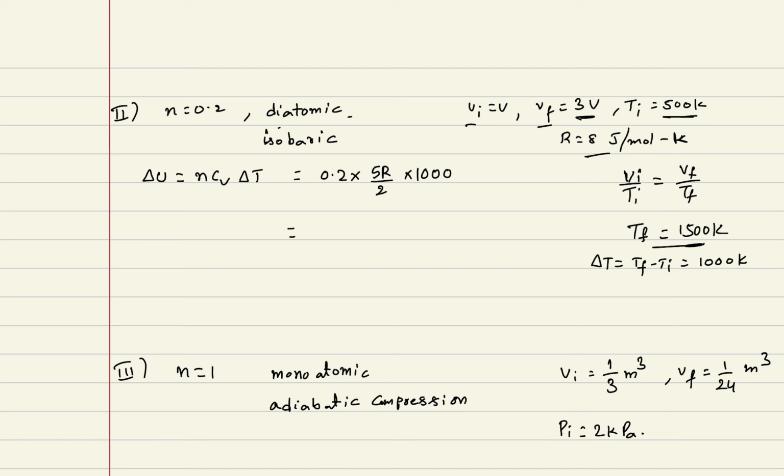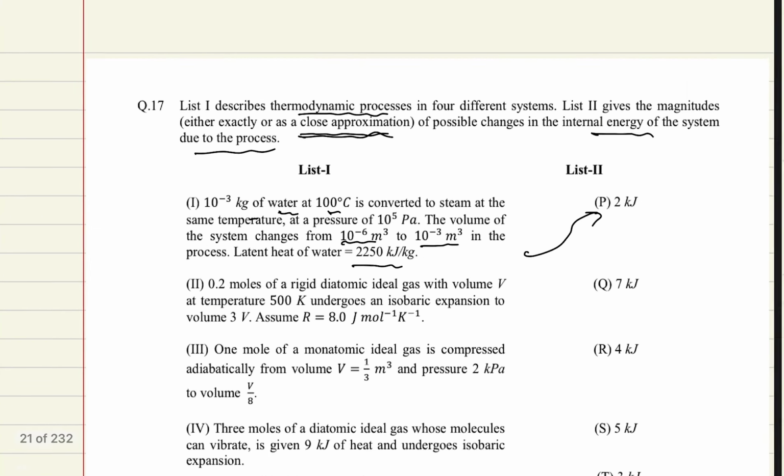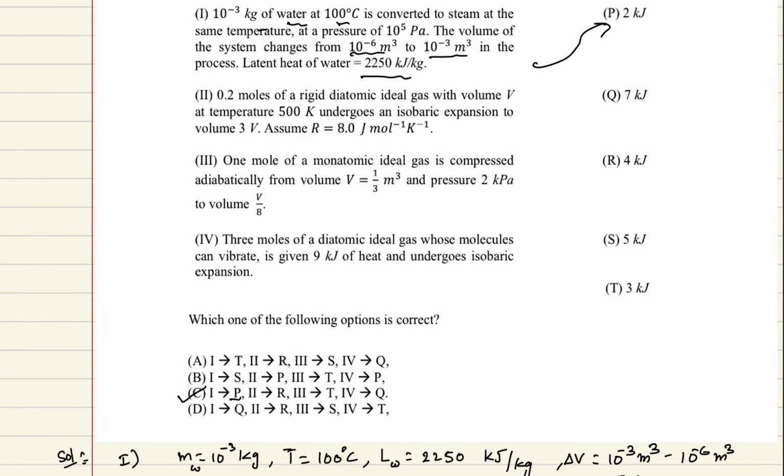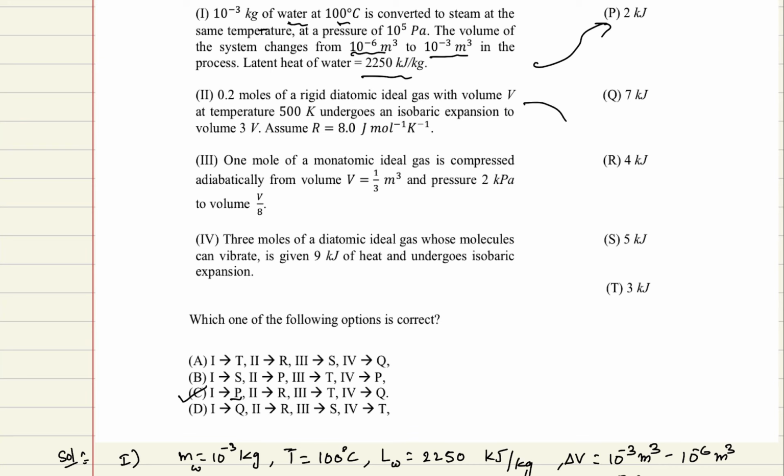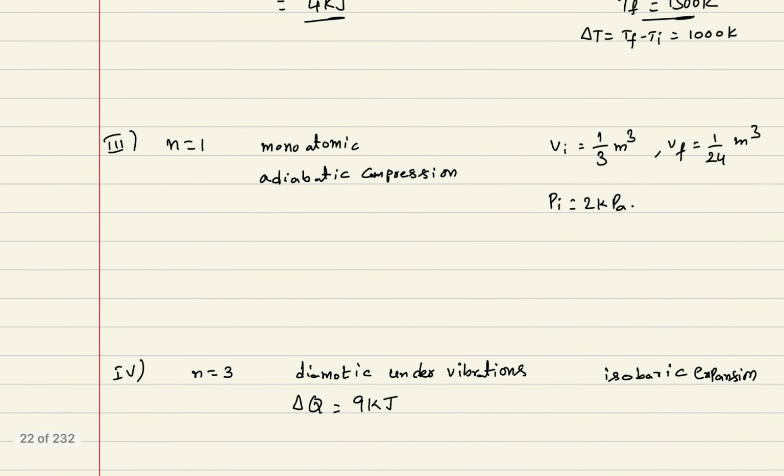Substitute there 1000 Kelvin. So we can get the value 0.2 into 5 into R value given 8, so approximately 4 kilojoules. Not approximately, exactly we are getting 4 kilojoules. So the second one is 4 kilojoules.